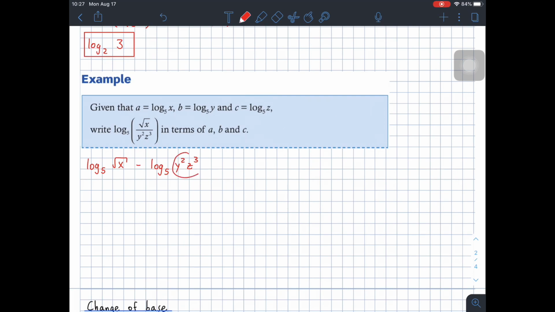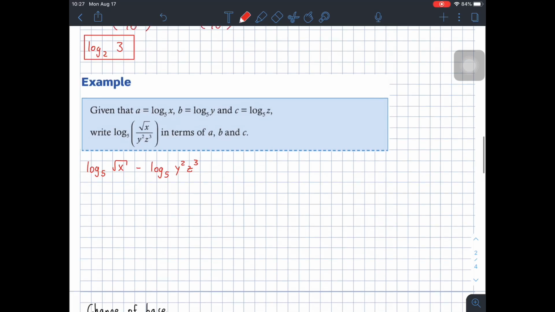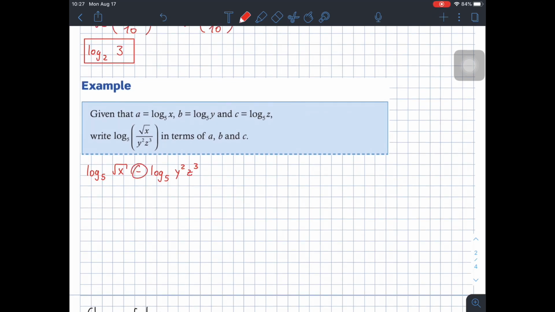Now, I see that inside here I have a multiplication between the arguments. So I can separate this single logarithm into two logarithms by adding the logarithms because there's a multiplication here. But I need to pay attention that this minus will be affecting both logarithms.